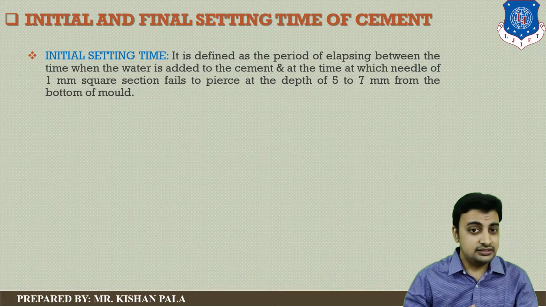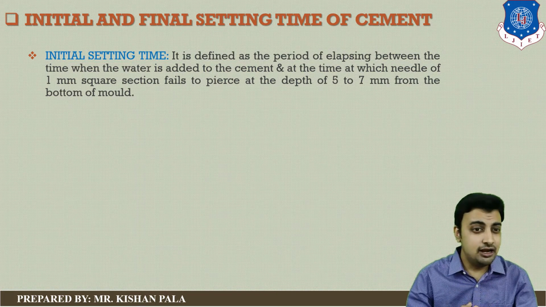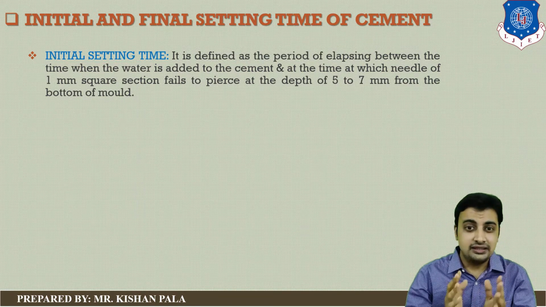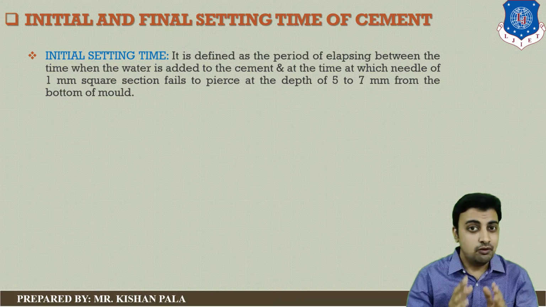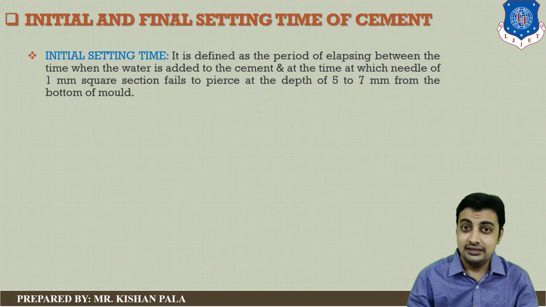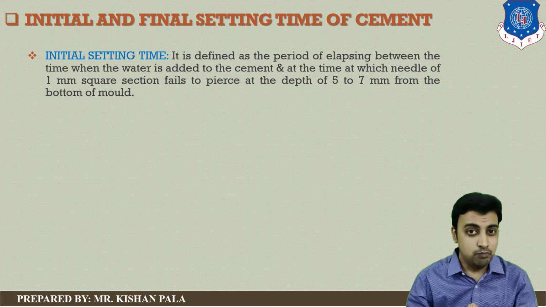It is defined as the period elapsing between the time when water is added to the cement and the time at which a needle of 1 mm square section fails to pierce to a depth of 5 to 7 mm from the bottom of the mold. We use the 1 mm square needle for finding the initial setting time, and for the final setting time we will use a 5 mm diameter bottom.